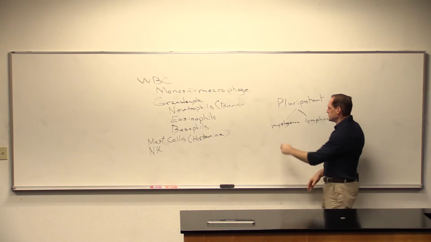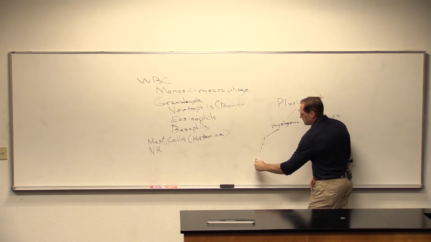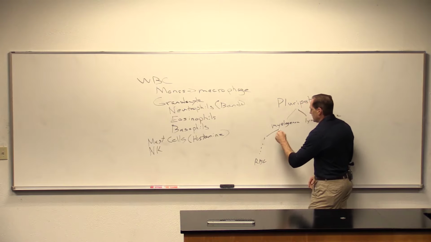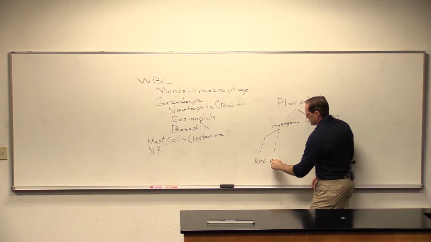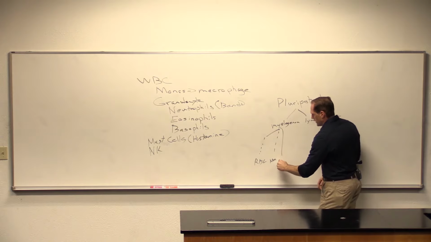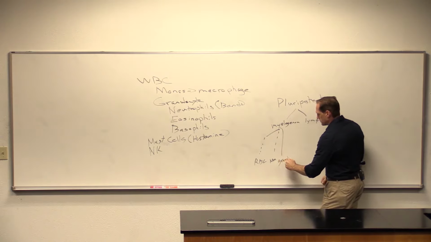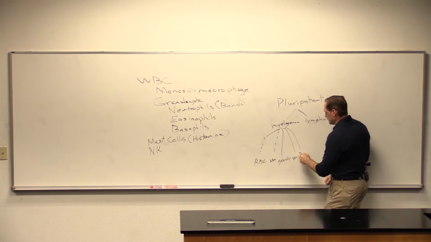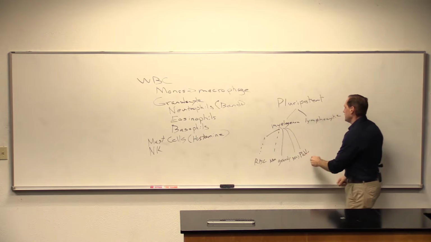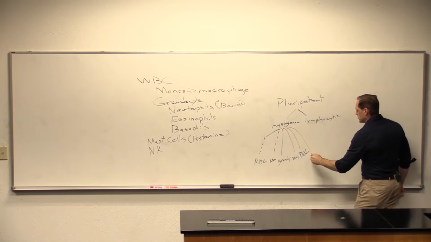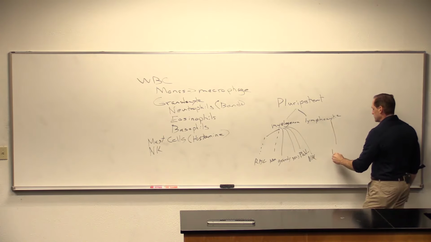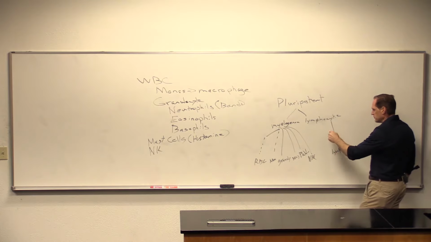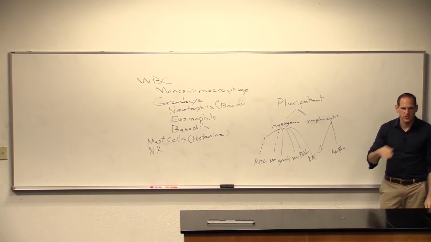And the myelogenous can in turn become, eventually, through a series of steps, red blood cells, monocytes, all of your different granulocytes, all three types we just talked about, and mast cells, and platelets. And then over here you've got natural killer cells. And then over here you've got lymphocytes, which are three different types. And then, natural killer cells too.